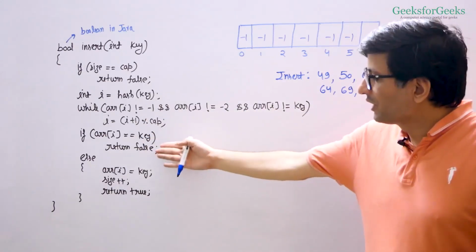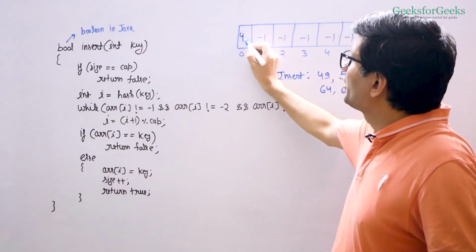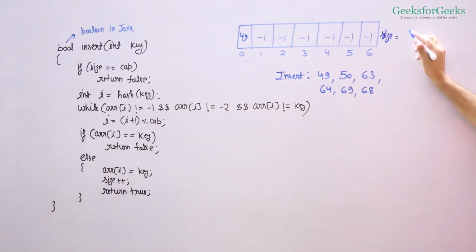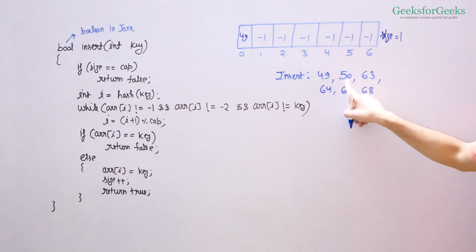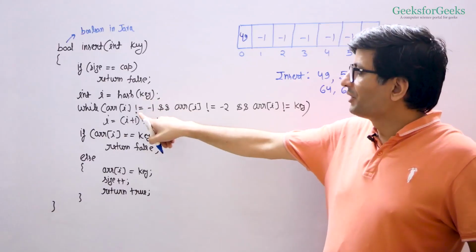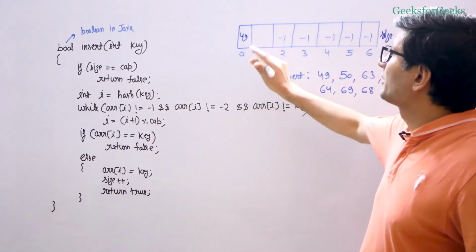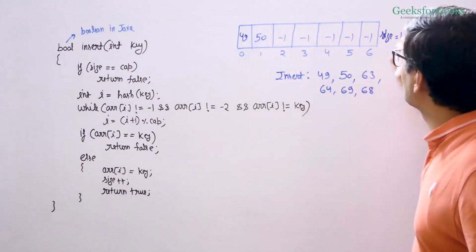It's not equal to the key, it's -1, so we insert 49 here and increment the size to 1. Now we insert 50. We again compute the hash function and see it's -1, so we insert here and increment the size. So 50 is inserted here and size now becomes 2.